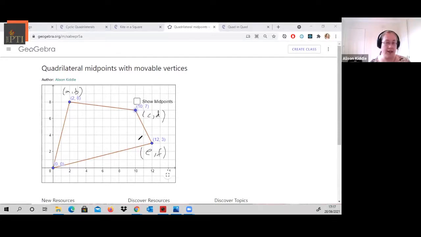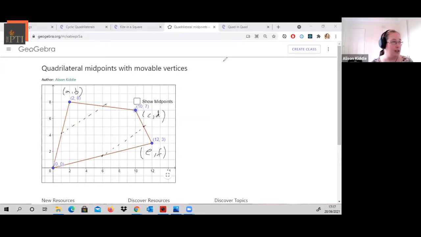And then I can calculate the midpoints in terms of A, B, C, D, E, and F. And then I can start working out about these lines joining the midpoints and do exactly what Charlie did with the specific case using numbers. I can start working out in the general case using algebra.